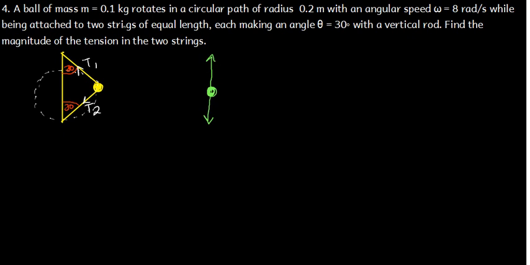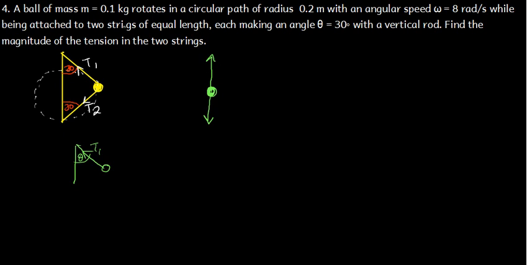Now if we take just this ball with T1, this T1 is there, and this is making an angle here of, let me call it theta, instead of saying 30.